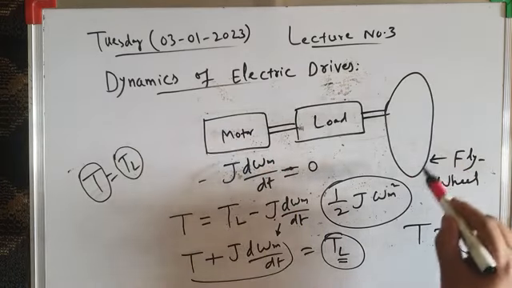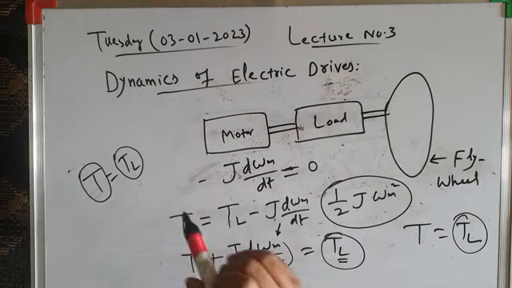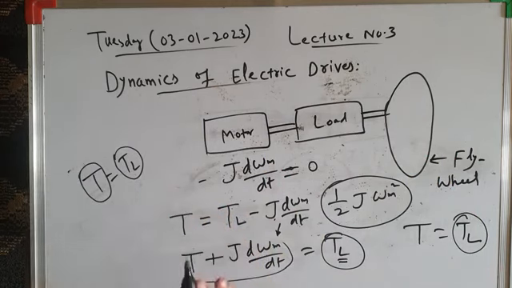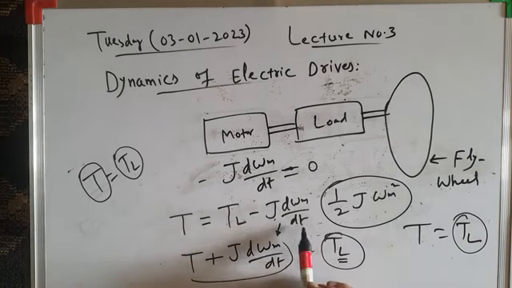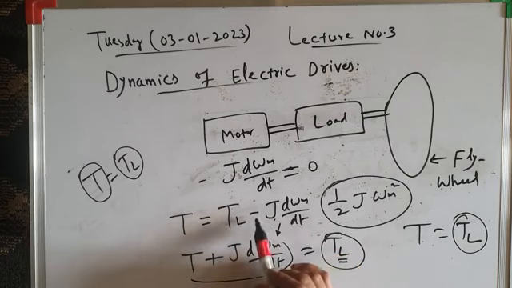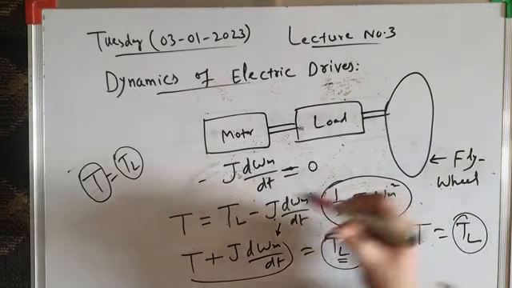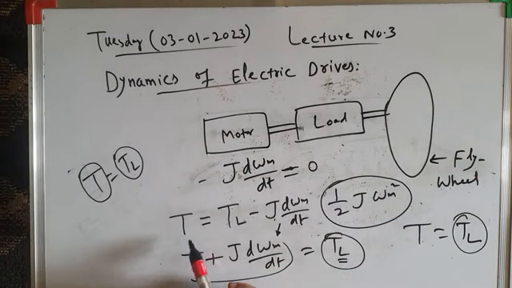However, because of this flywheel, when the machine presses the load, T is equal to TL minus J dωm/dt, where J dωm/dt becomes negative. It's the inertial torque due to the flywheel. The flywheel is releasing the kinetic energy, supplying kinetic energy to the motor.